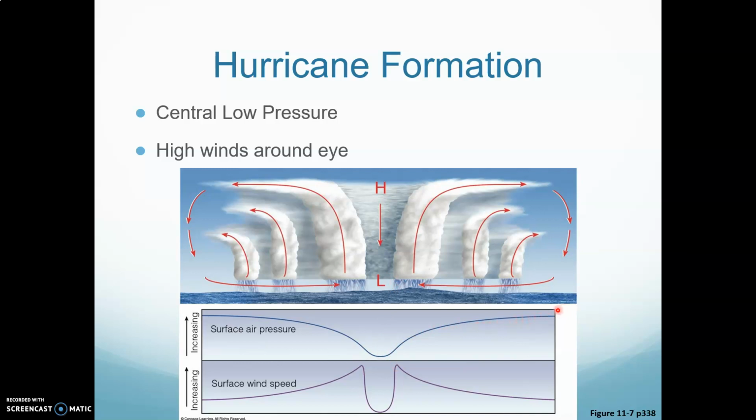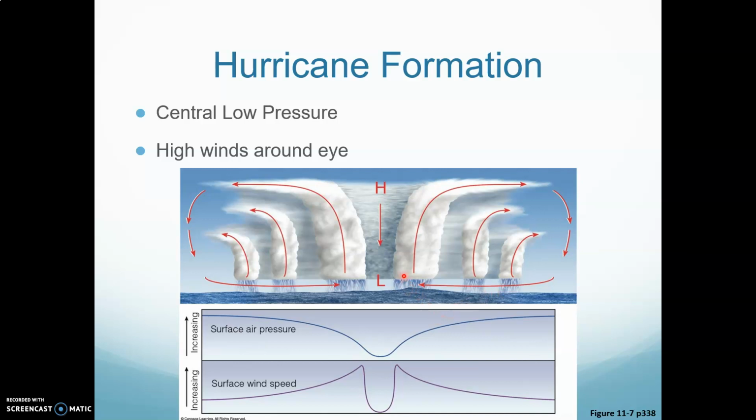Well, remember from chapter 6 when we talked about wind, what causes wind? Pressure gradients, or changes in pressure. So here, your pressure is changing, but it's changing over a large distance, so you're not going to have very fast winds here.